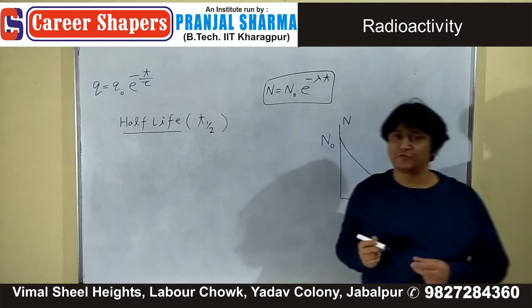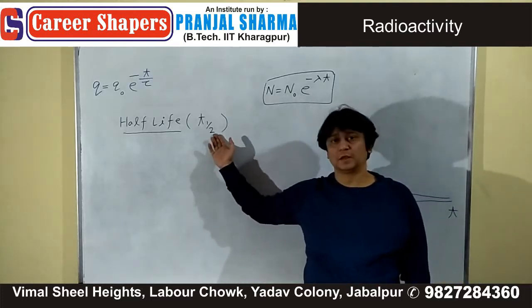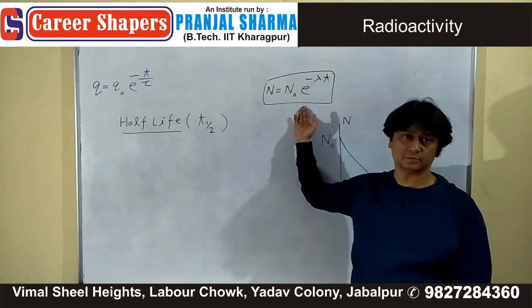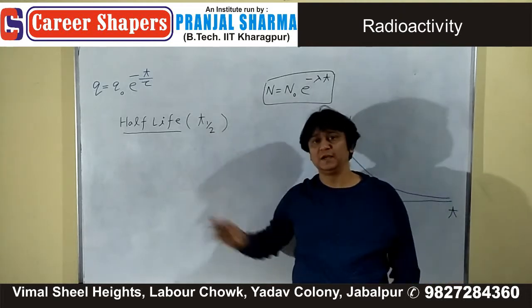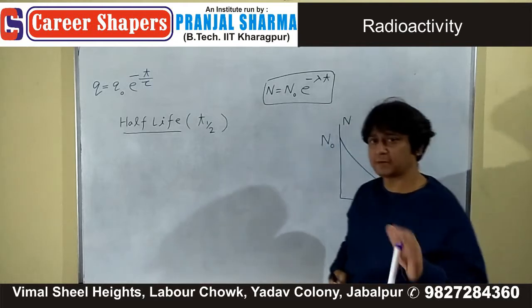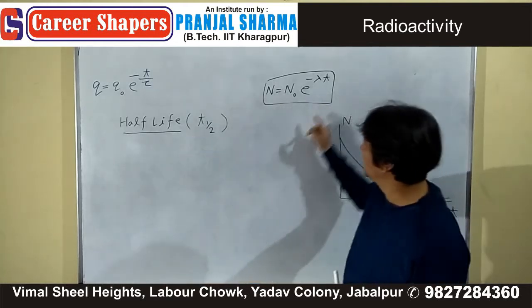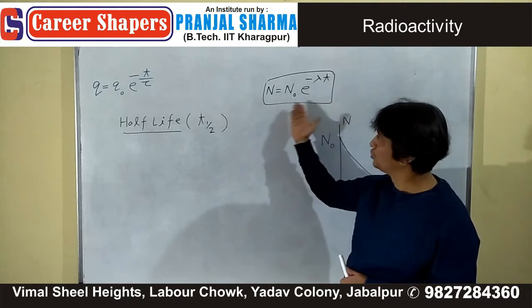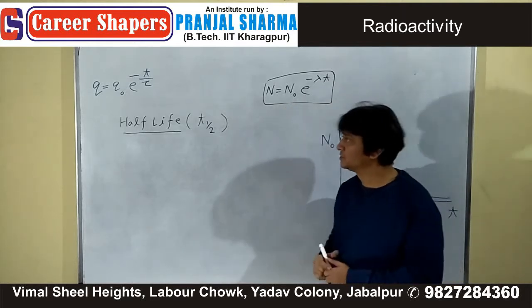We are interested in finding T half. You have the formula. Use the formula and find T half in terms of lambda. Pause the video. It should take just 2 minutes to develop T half in terms of lambda using this formula. And then come back and see the solution.